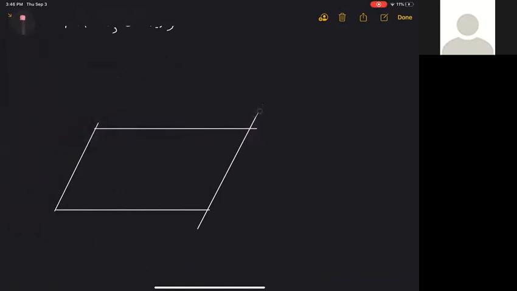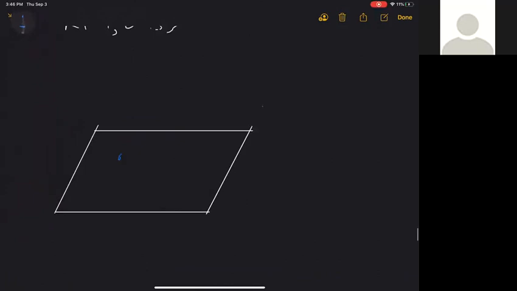Okay, so let's say I have this plane and I've got 3 dots in the plane, 3 points in the plane: P, Q, and R. I need to find a vector normal to this plane. So how do I do that?